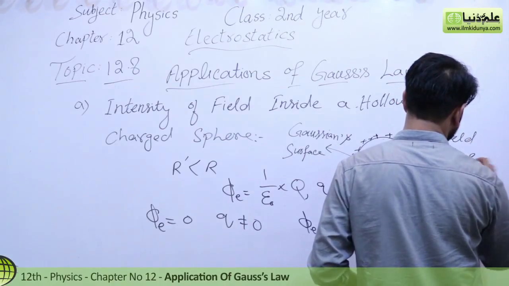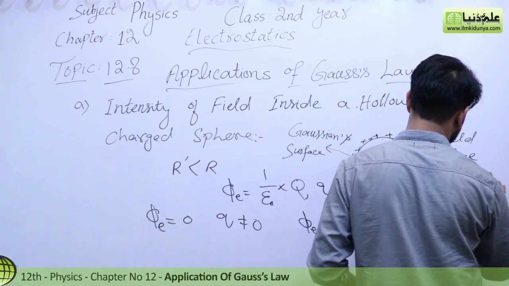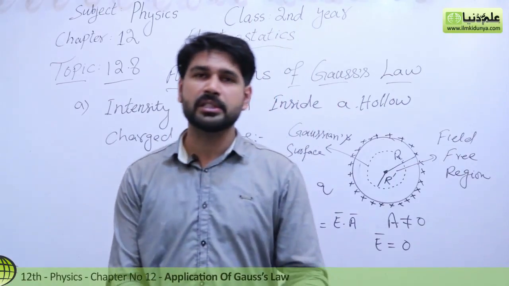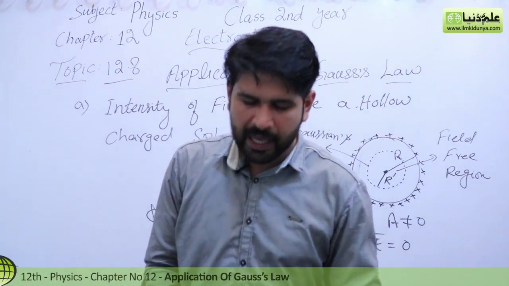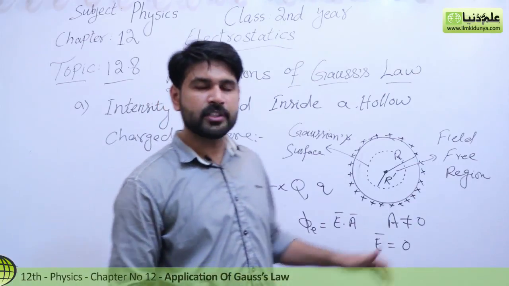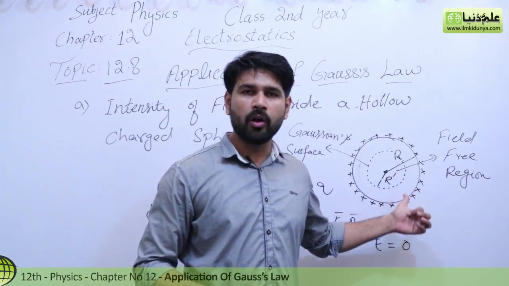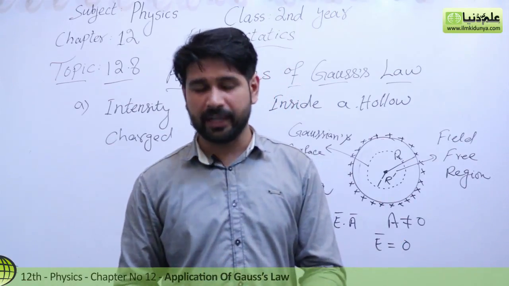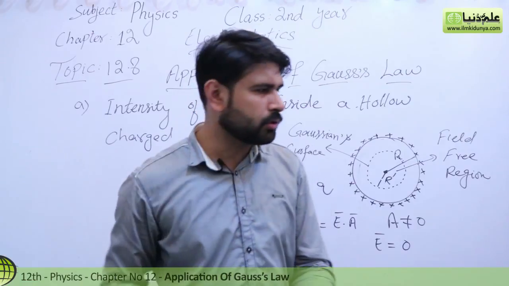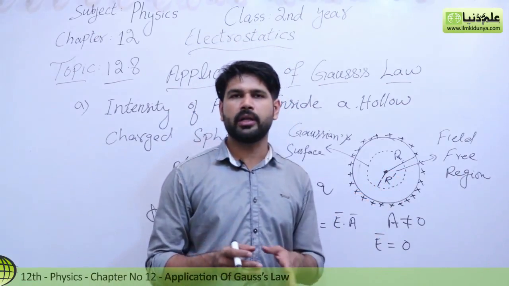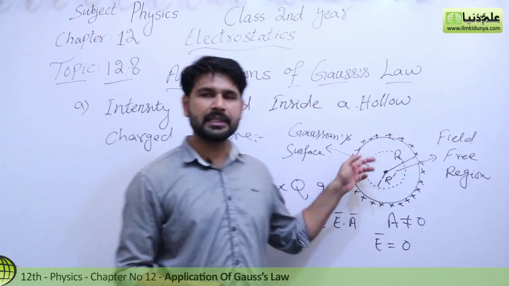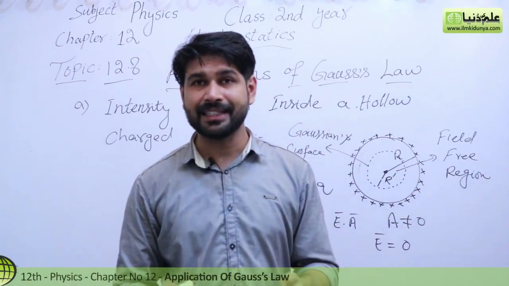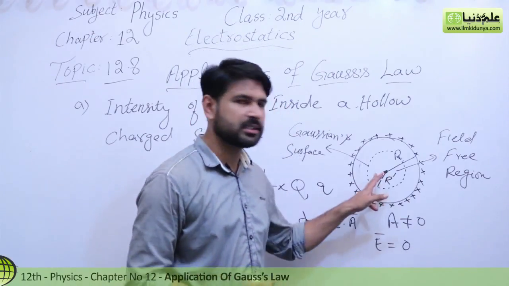So as a result, we can say that any apparatus placed inside that hollow metallic charged sphere is free from the electric field intensity. Any body, any apparatus, any device placed in that metallic hollow charged sphere is shielded from the electric fields.